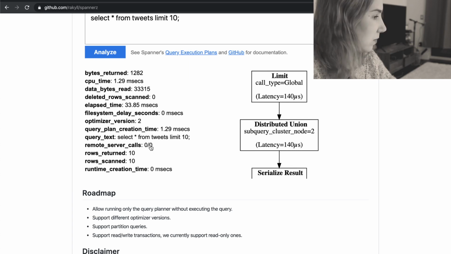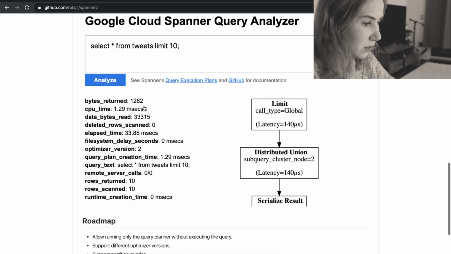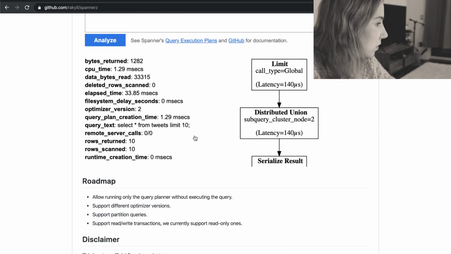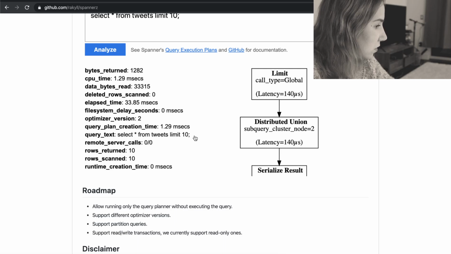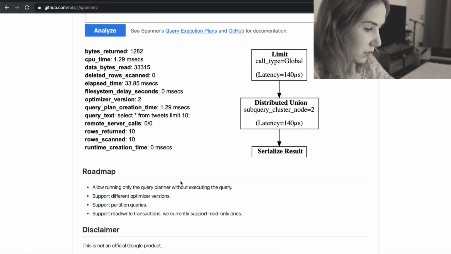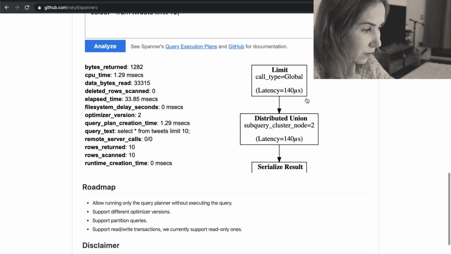This should also provide some support for read-write queries. It's harder in this context to do that, but I should at least support different optimizer versions, as well as maybe some partition queries, or I don't know. There are a bunch of options.